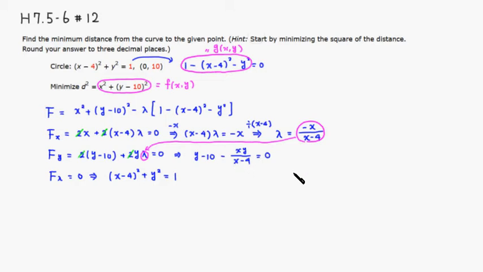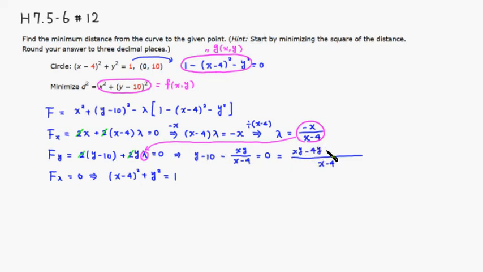Then we take the common denominator. In this case, x minus 4 would be a common denominator. So we have to multiply y minus 10 by x minus 4. y times x is xy. y times negative 4 is negative 4y.